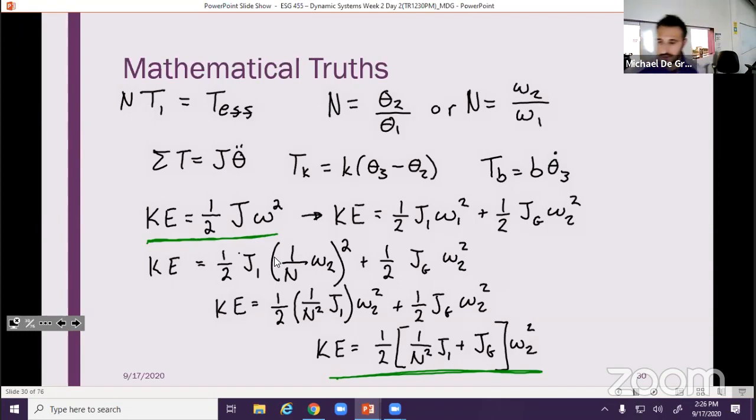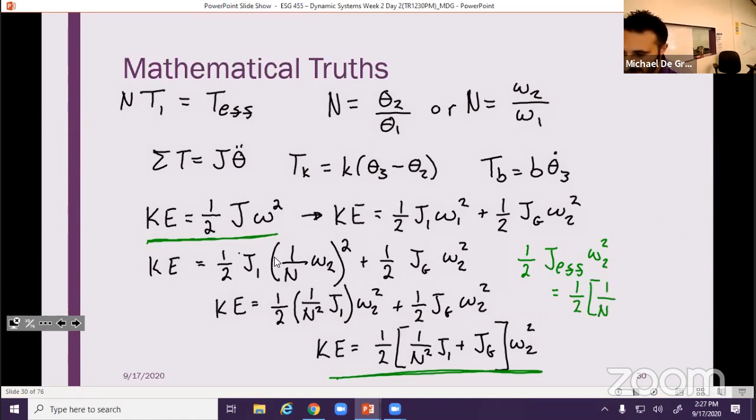If I set these two equations in green equal to one another, I get 1/2 J, let's call him Jeff, omega 2 squared, is equal to 1/2, 1 over n squared, J1 plus J_G, omega 2 squared.